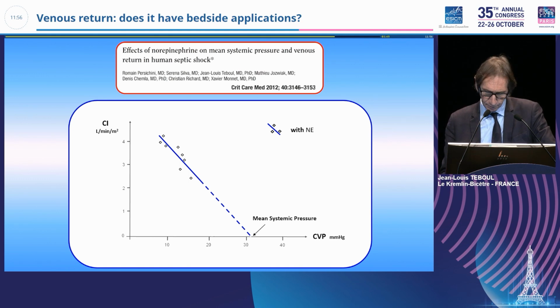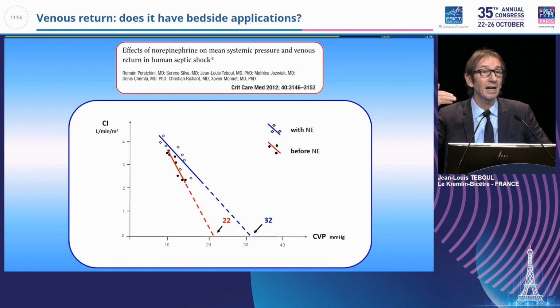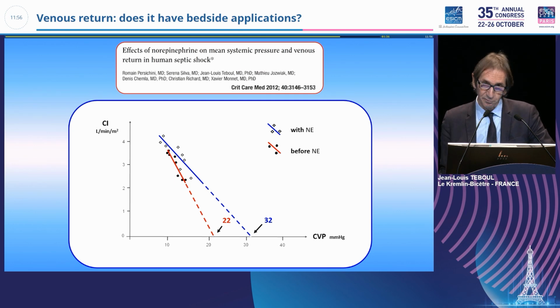We could have a mean systemic pressure with norepinephrine and without norepinephrine, and if you can observe in this patient, the value of mean systemic pressure was higher with norepinephrine compared to before norepinephrine.